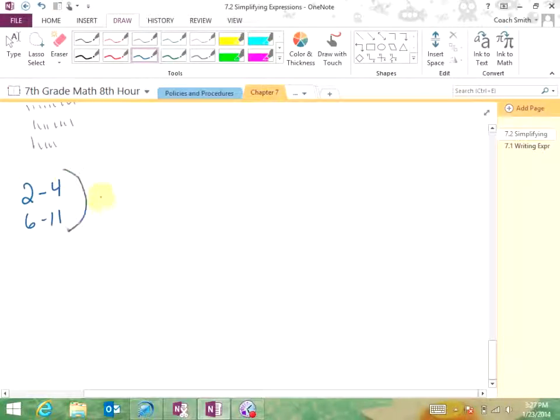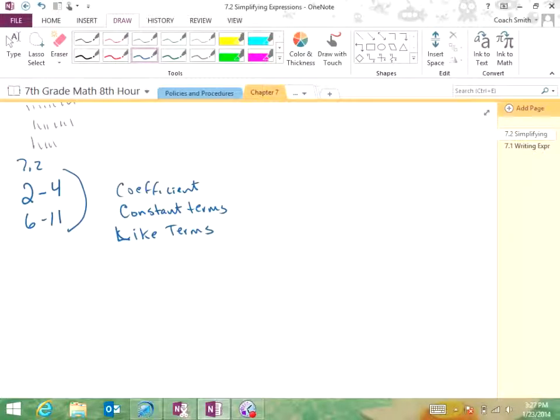And for each of those problems, I want you to do the coefficient, the constant terms, and the like terms for each of those problems. I want you to list it out just like I've done there and just like we did in the notes. Then we'll continue on with the simplifying part tomorrow so we have more time to explain it to you. Okay, so that's your homework.